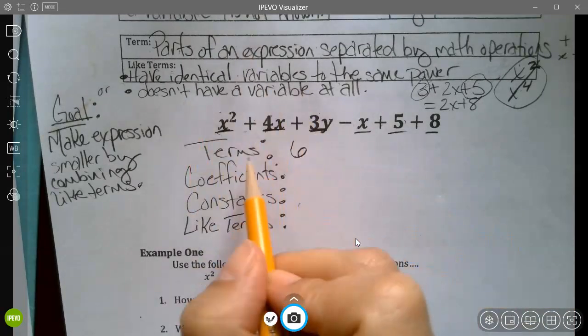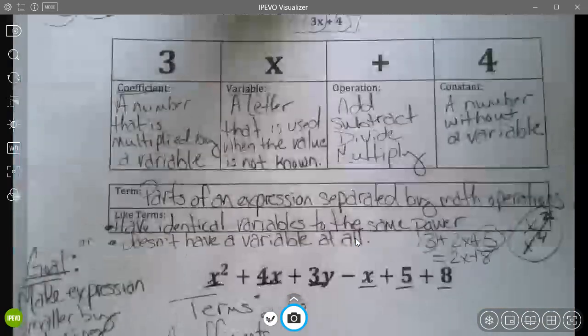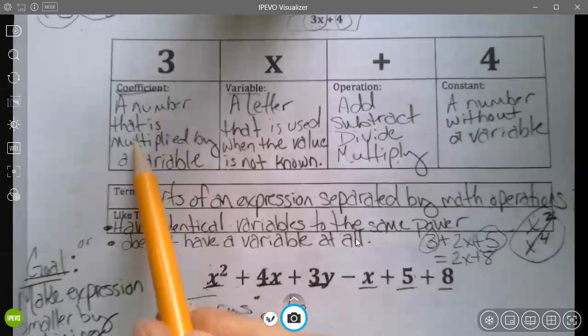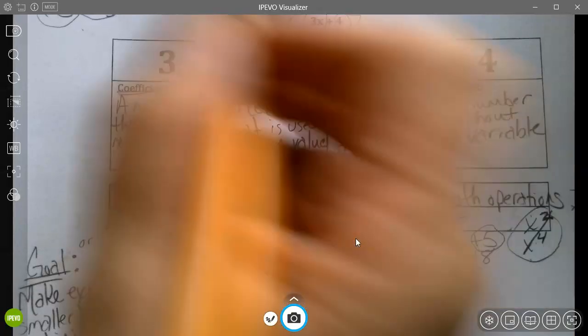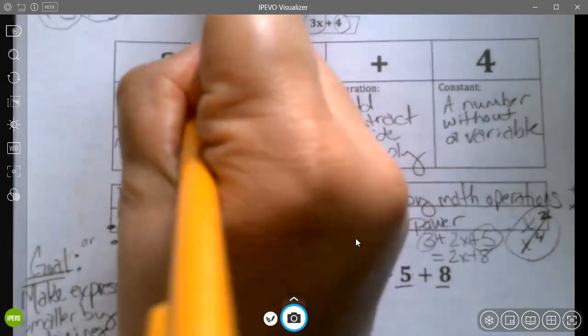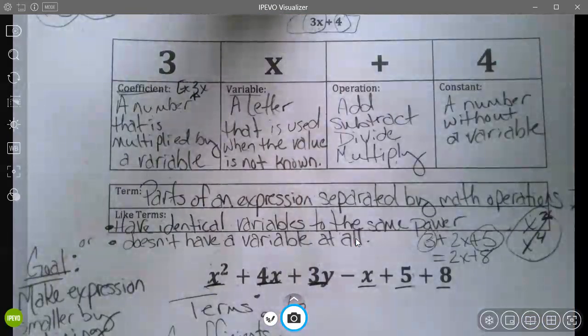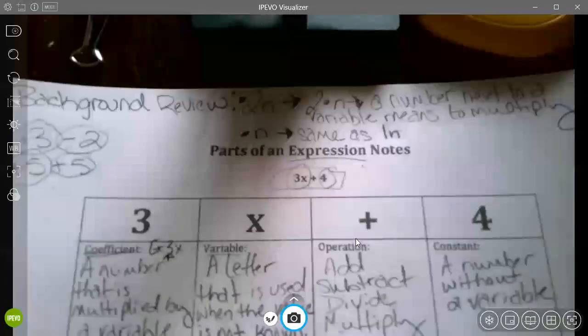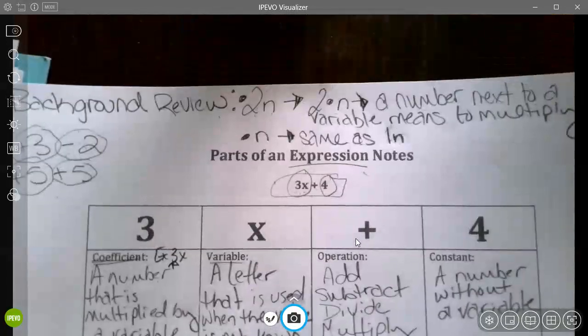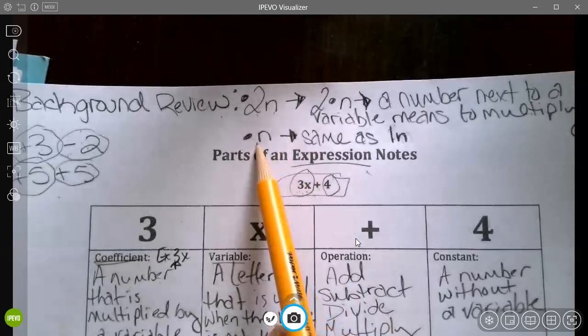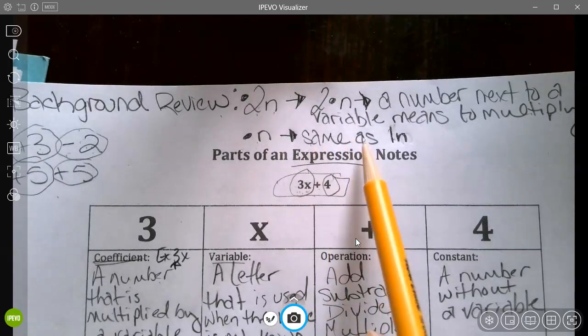All right, coefficients. Well, what is a coefficient? It's a number that is multiplied by a variable. Example 3x. The 3 would be my coefficient, right? And also, I want to remind you, if a variable is by itself, it really means there's a 1 in front of it.